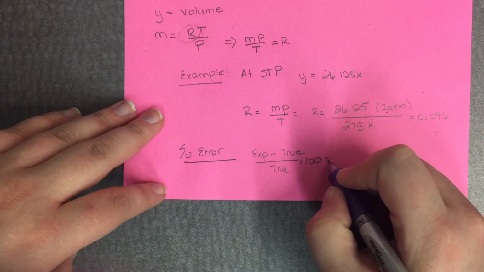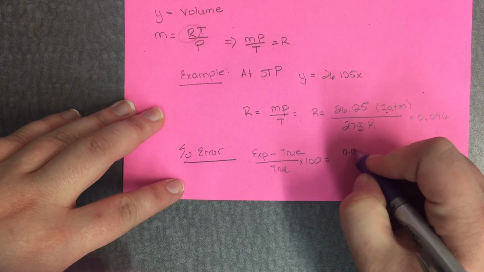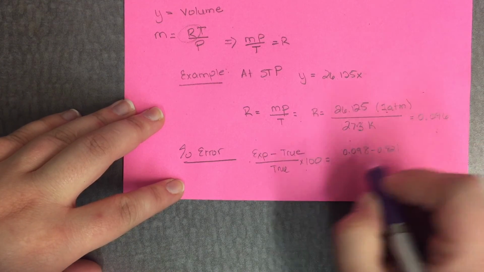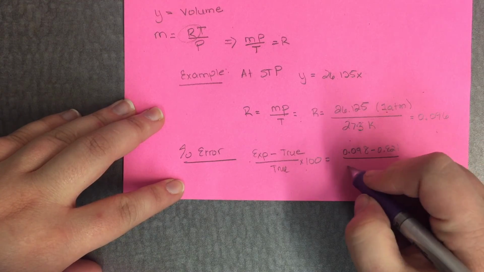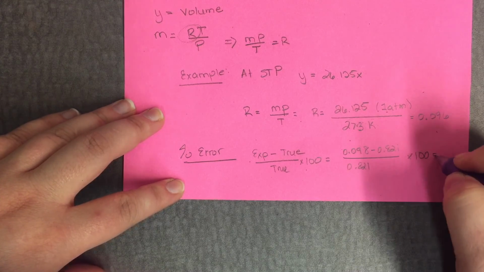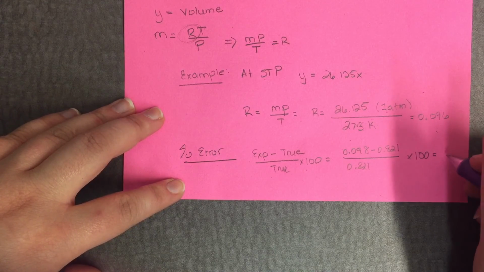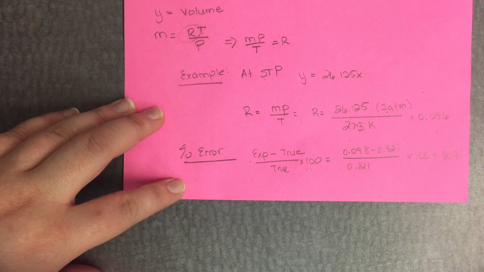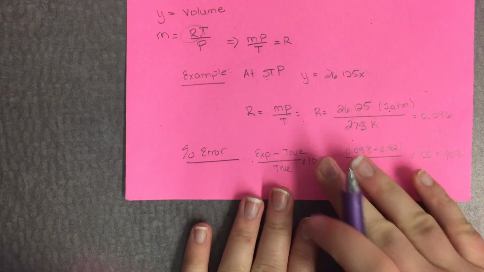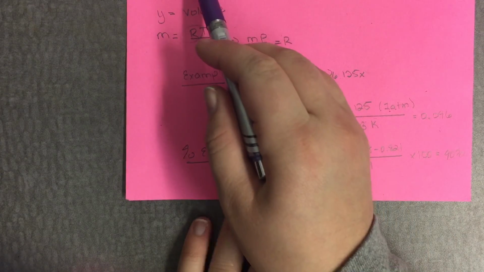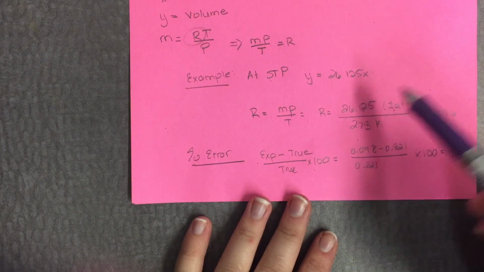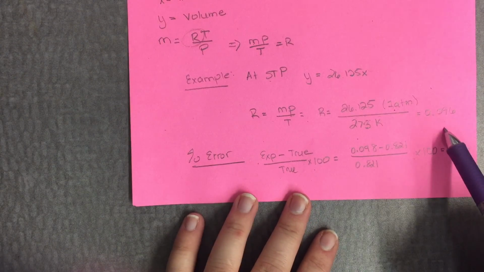So for my very terrible experiment, it'd be 0.098 minus 0.821 divided by 0.821 times 100 to make it a percentage, and that's about 90% error. So don't copy my numbers. But that is how you use the line from your Excel document to get your slope and then your R value and your percent error.